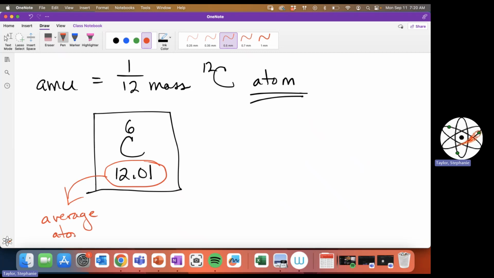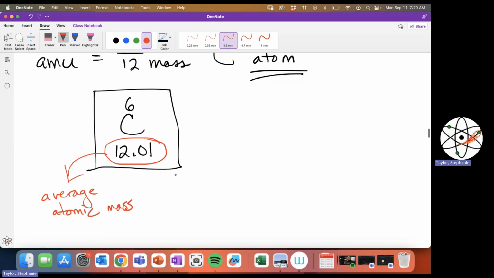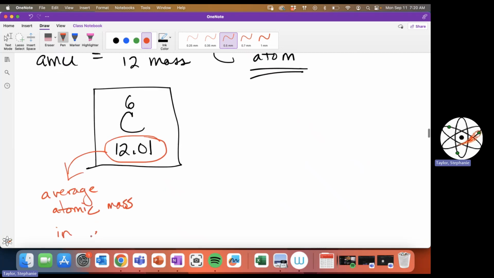So this is what we did a calculation on earlier, where you can say that if you had a whole bunch of different isotopes of carbon and you averaged them together, taking into account their relative abundance, this would be your average atomic mass in AMUs. So if you had one random carbon atom, granted, it would have an exact mass if you actually did only have one. But if you're trying to talk about what is it likely to be, 12.01 AMUs for one atom.